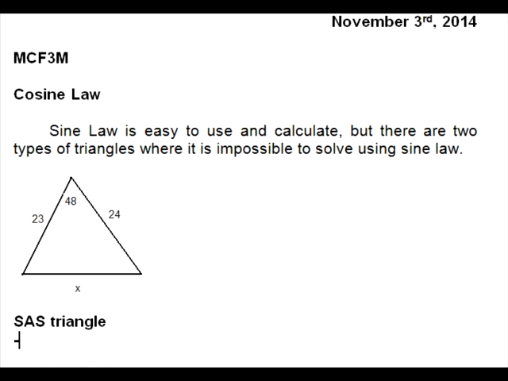For the SAS triangle, this has two sides and the angle in between. I can't use sine law here because I don't have anything that's opposite. I have 48 is across from x, but there's nothing across from 23 and there's nothing across from 24. So there are no pairs, so we cannot use sine law.